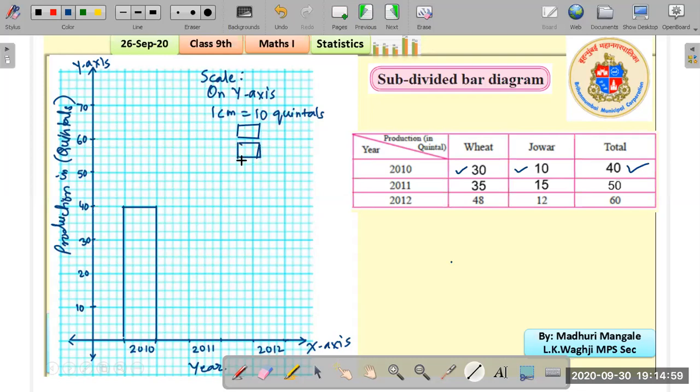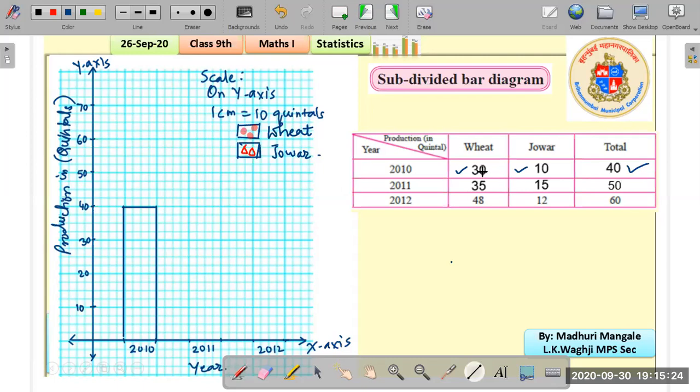Let us use triangles for jowar. So some dots for wheat and some triangles for jowar, like that. Okay, students. So for wheat, we are using that pattern, and for jowar, we are using that pattern. Okay. So let us label.